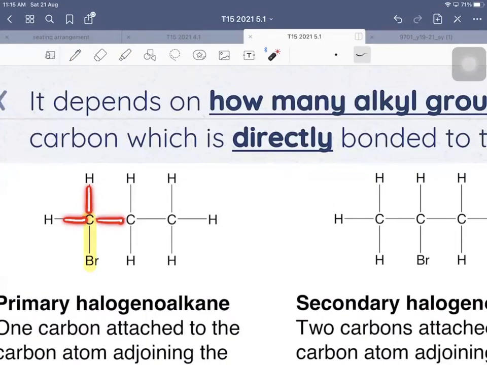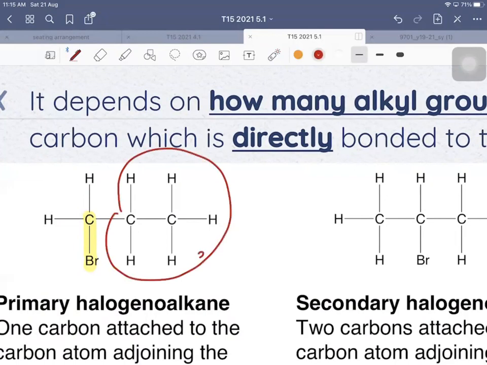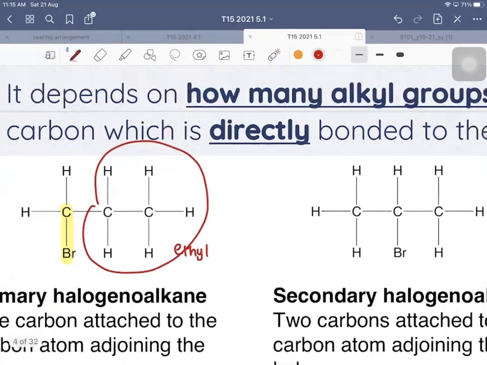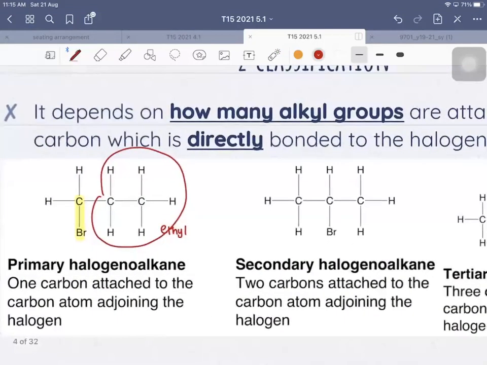So you can see that 2 of the bonds are attached to hydrogen, and 1 of them is attached to what looks like an alkyl group. It is an alkyl group, which is your ethyl. So in this case, we have one alkyl group, therefore it's called primary.